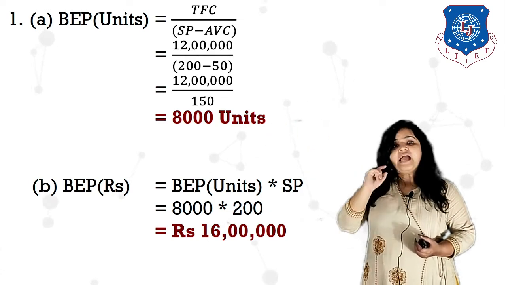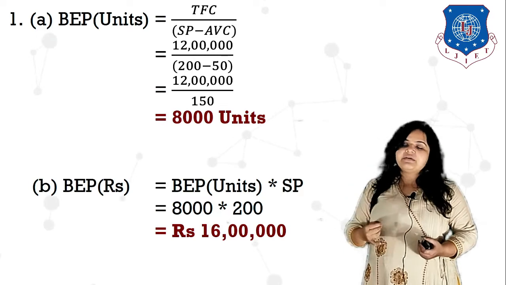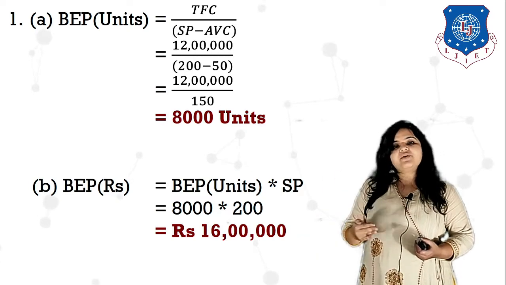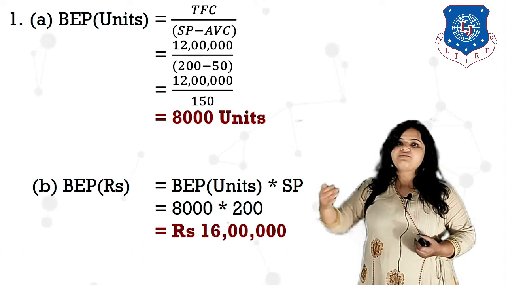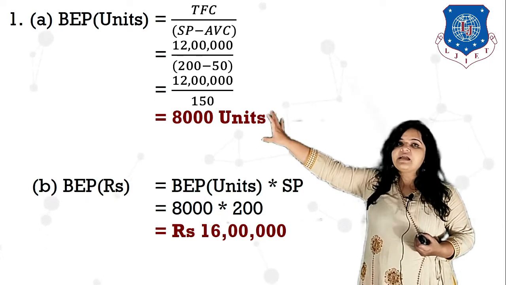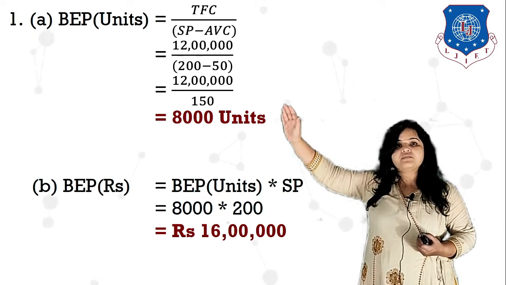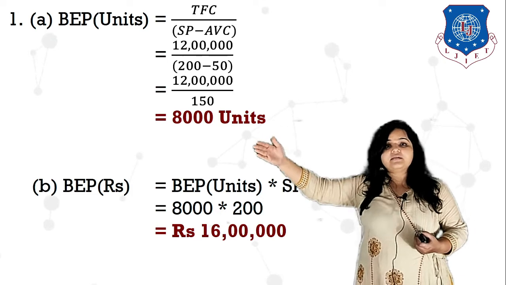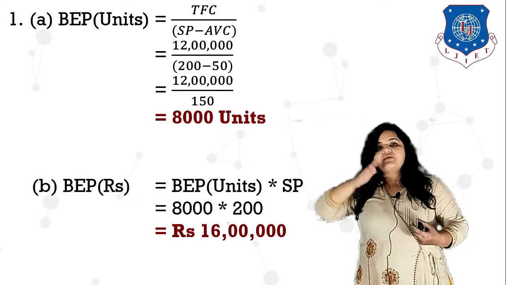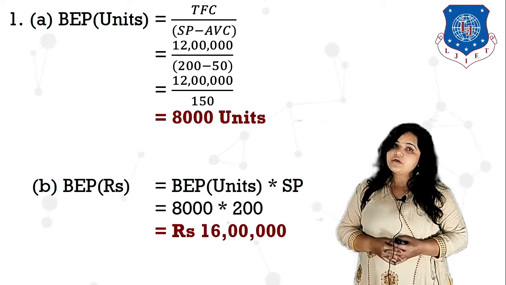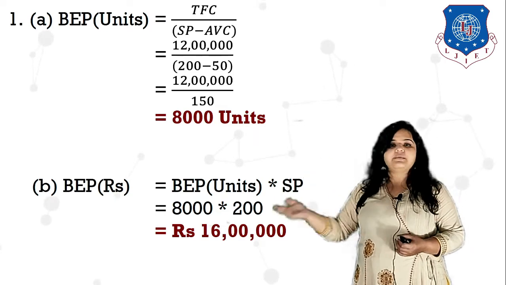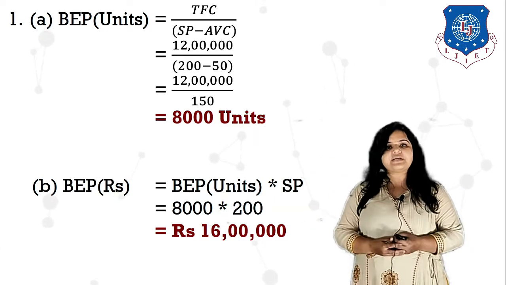But if in the question it is given that a company manufacturing soaps or a company manufacturing pencils has the following data, then when you are giving out the answer for BEP in terms of units, you will write here 8,000 pencils or 8,000 soaps, whatever is given in the question to you. If nothing is specified, we will write 8,000 units of any product whichever they are producing.